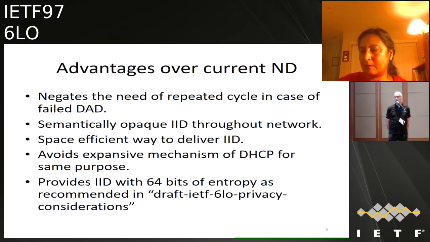We reduce the number of bits required to send that generated ID back to the node. And I'm not exactly sure how expensive DHCP is, but I think it's more expensive in terms of time and processing requirements compared to the mechanism shown here, just calling the pseudo-random function. And then we actually do provide 64 bits of entropy as suggested. Next slide, please.